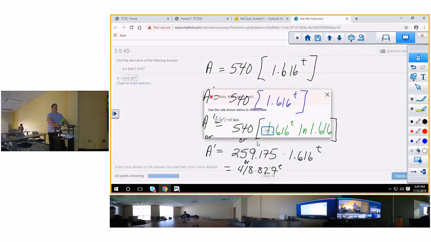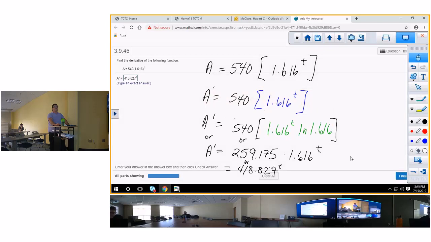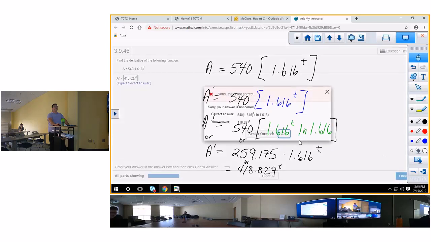Yep, it did. See, it wants you to write it in terms of natural log. So let's see which one they want. Yep, they wanted the first one. 540 times 1.616 times natural log of 1.616. So that first one is the answer.